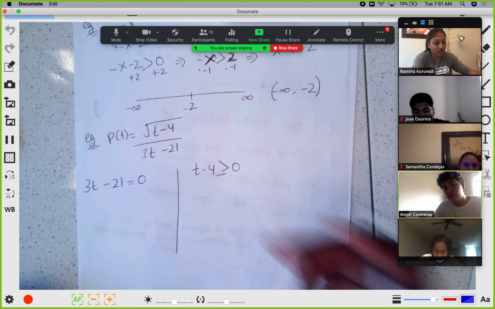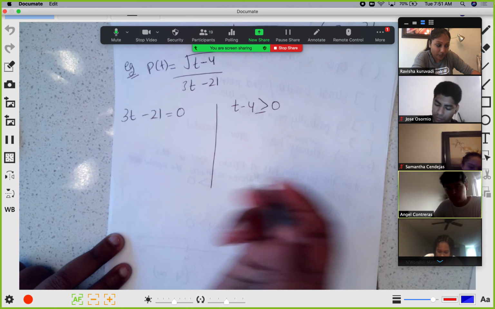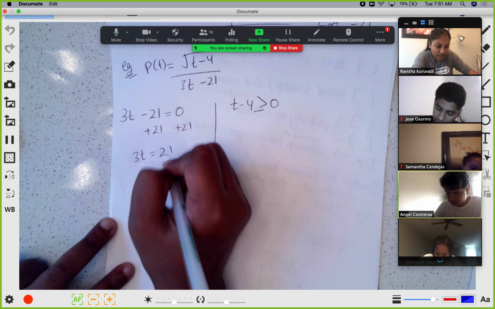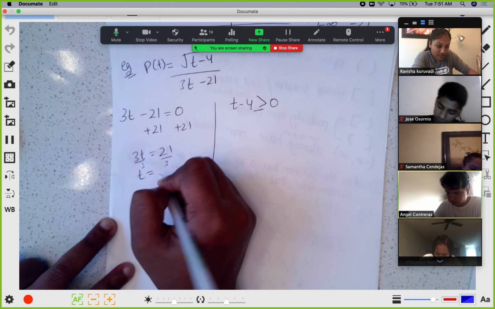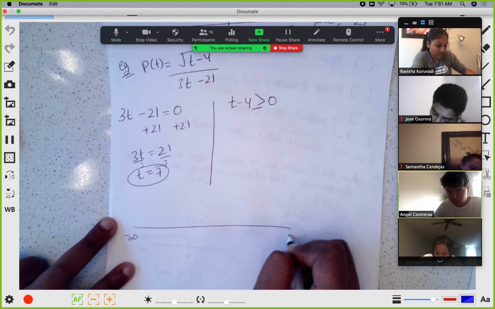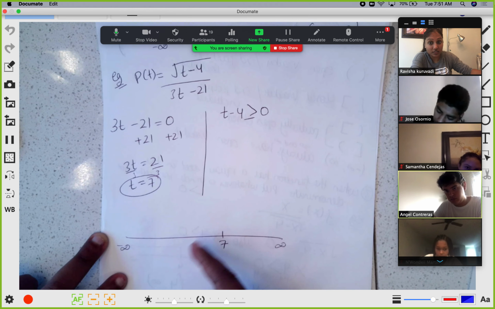Let's solve for both, you're going to solve for t. Let's solve this one first. Add 21 on both sides, you get 3t is equal to 21, divide by 3, you get t is equal to 7. So let's start drawing the number line. I got 7 here. Note this 7 should not be included, because if I put 7 here, it makes my denominator 0.